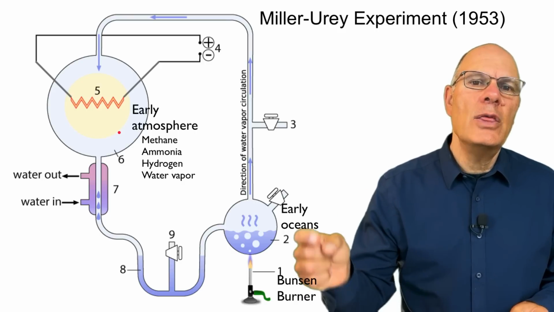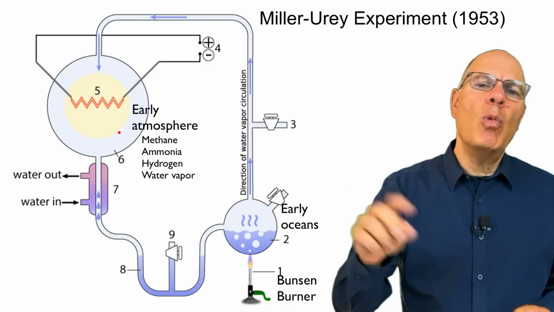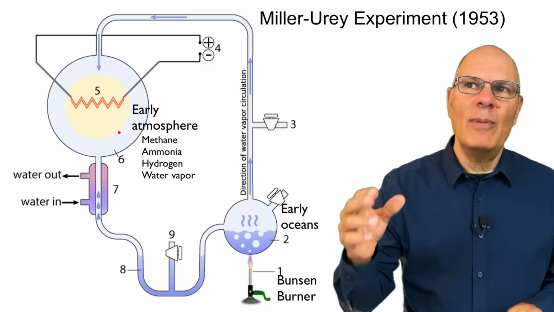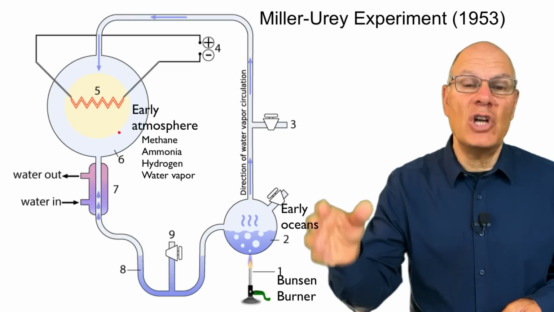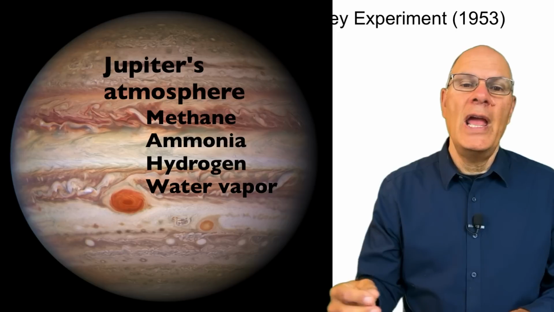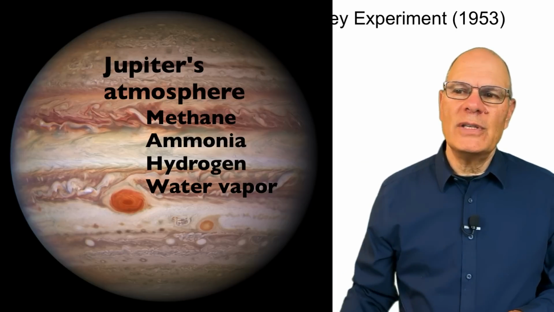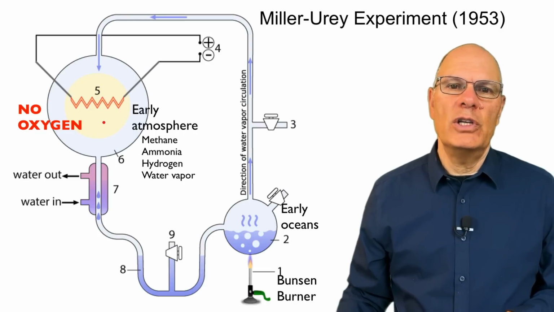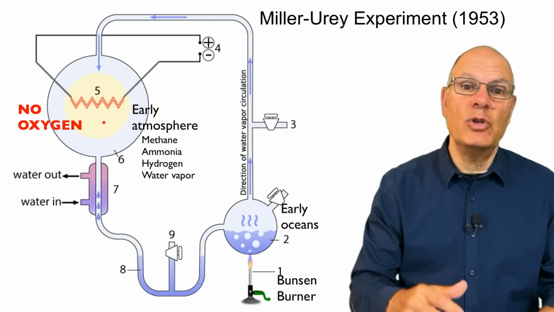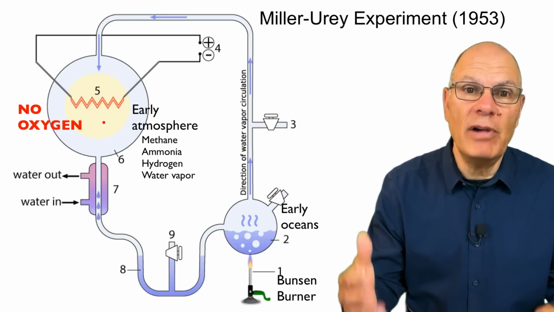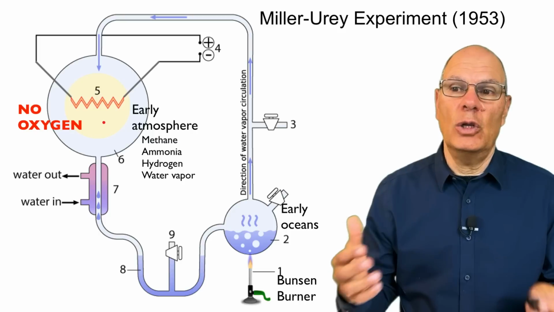Those gases were chosen because in the 1950s, that was the current understanding of what the early Earth's atmosphere would be. There are 2 important points. One is that that was chosen because that was the known atmosphere of some of the gas giant planets like Jupiter, and it was thought that that might also be present on the Earth. But the most important thing was that no oxygen was present, because oxygen was produced by photosynthesis. It wasn't present in the atmosphere of the early Earth.